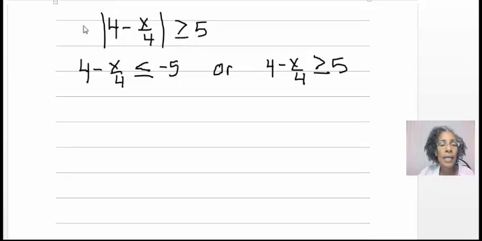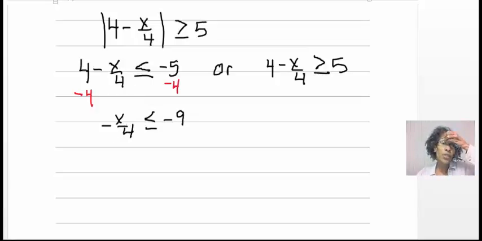I am going to solve this by subtracting 4 from both sides. So I get negative x over 4 less than or equal to negative 9.